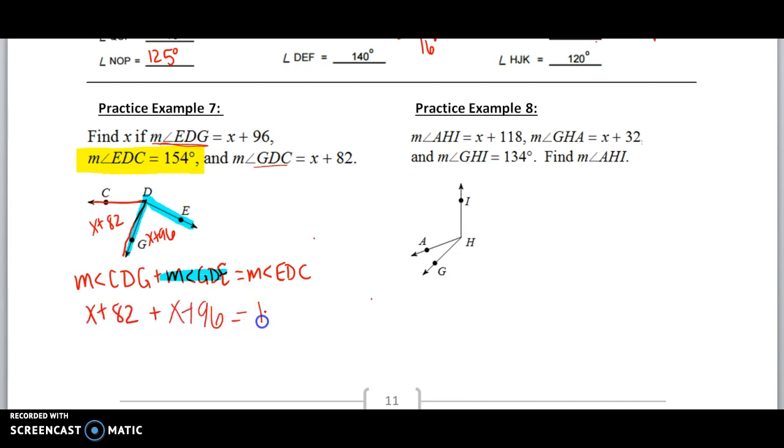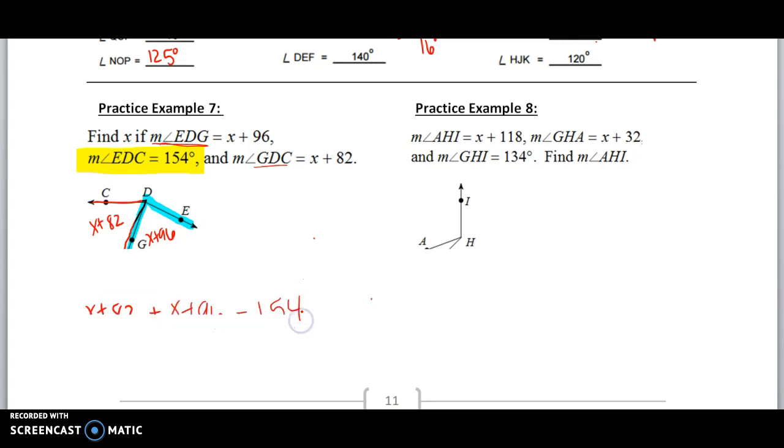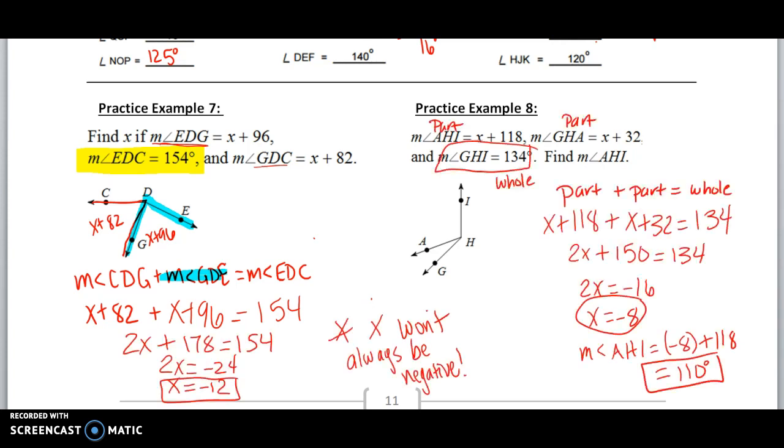And that's equal to 154. From there it is just an algebra problem. So I want you to pause it, finish this problem and the next one, and check your practice example 7 really quickly. You should get x equals negative 12. Looking at example 8, look at my notes: part plus part equals whole. You get x equals negative 8, final answer of 110 degrees. x won't always be negative.